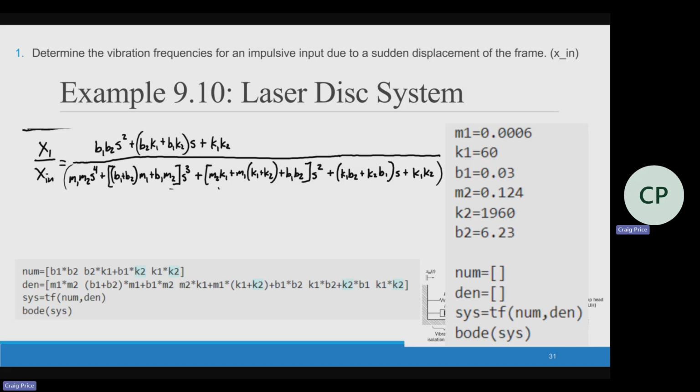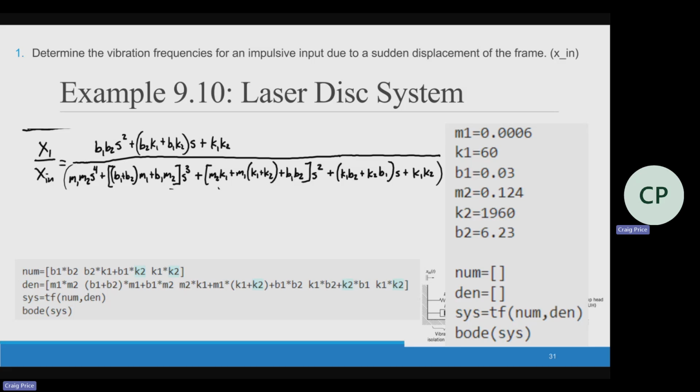How do you find the vibration frequency from a transfer function based on an impulse? How do we find those frequencies? No, that sinusoidal transfer function is just based on frequency.